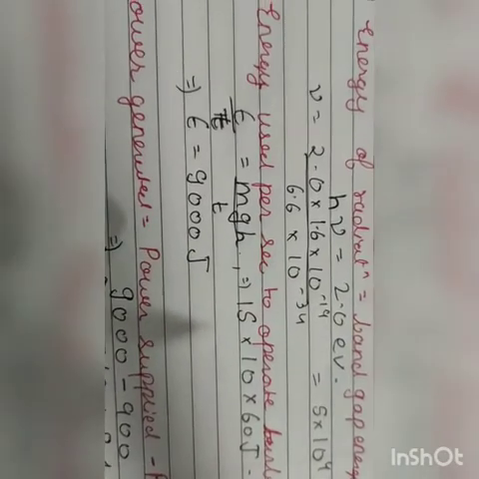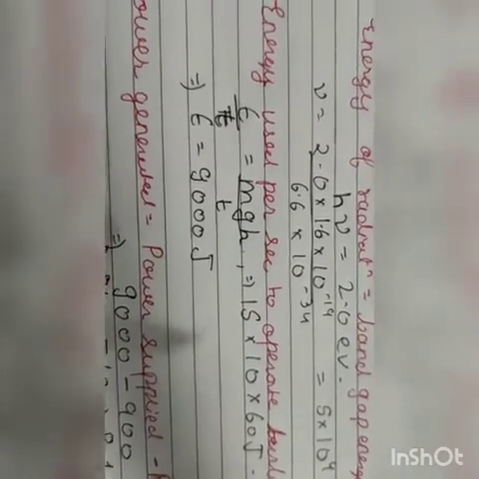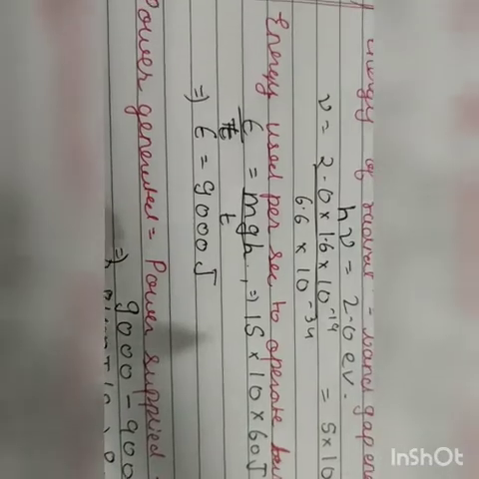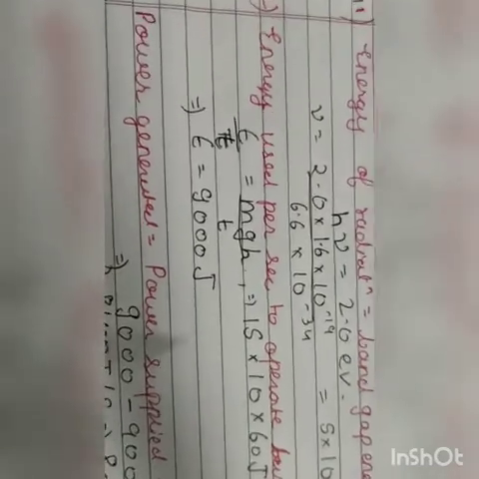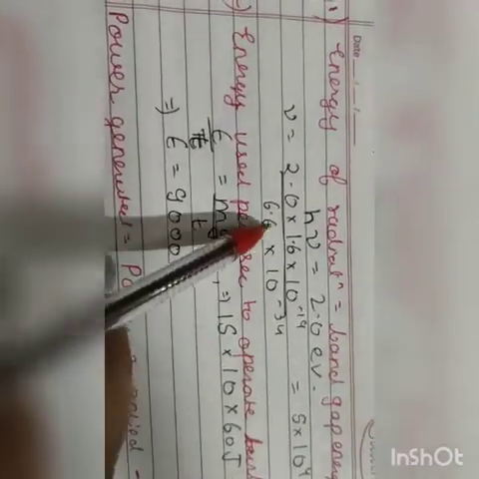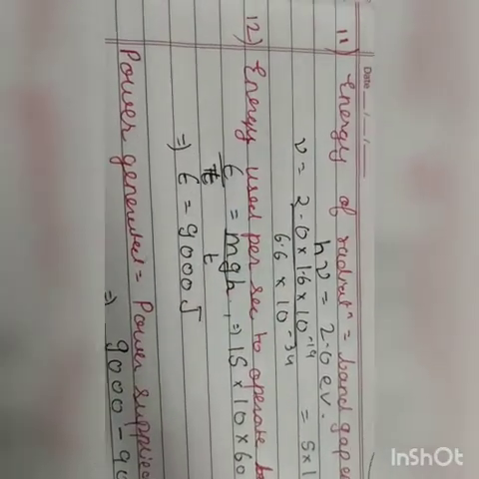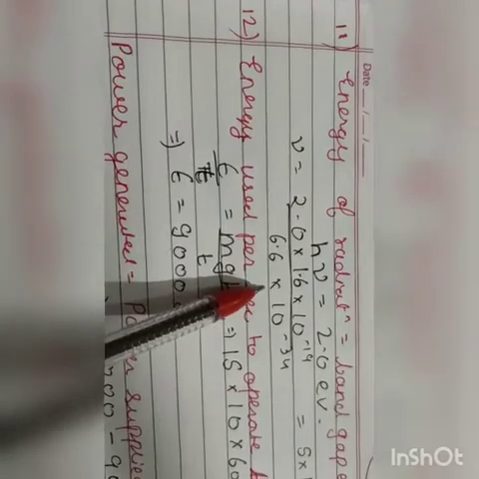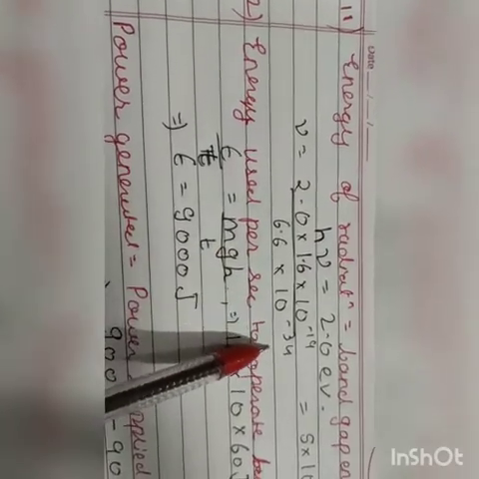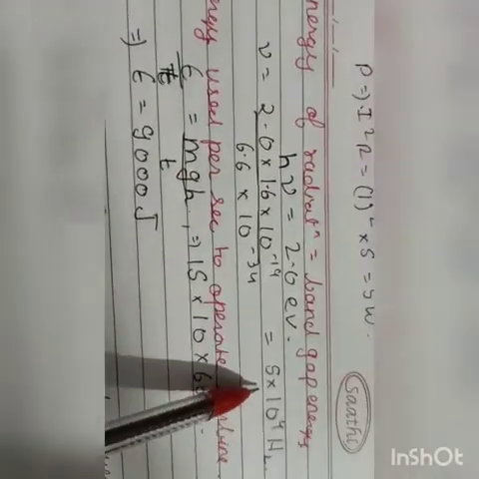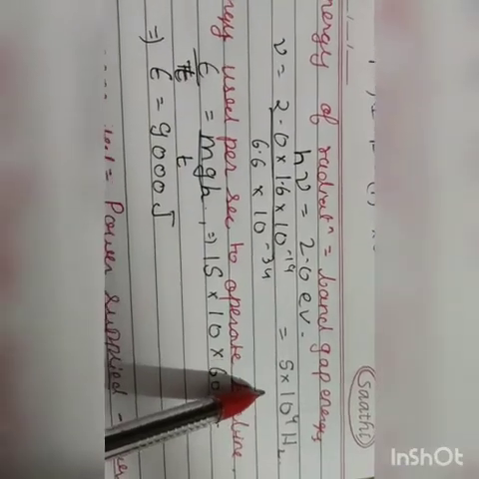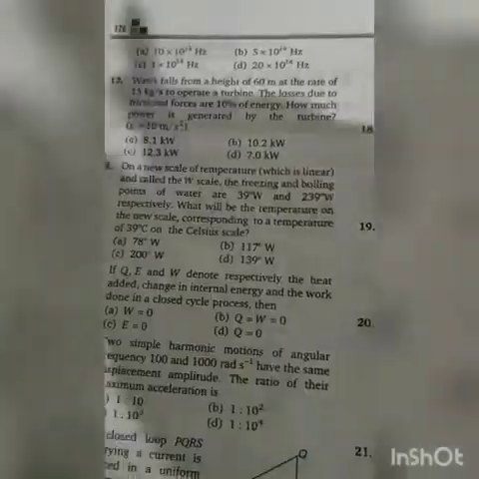So we will just shift h from right to left and then we get nu equal to 2 into the value of electron volt divided by 6.6 into 10 to the power minus 34, which is Planck's constant. So our correct option is 5 into 10 to the power 14 Hertz.